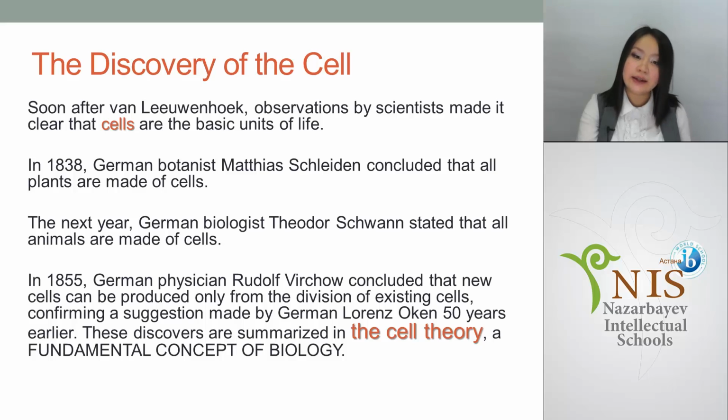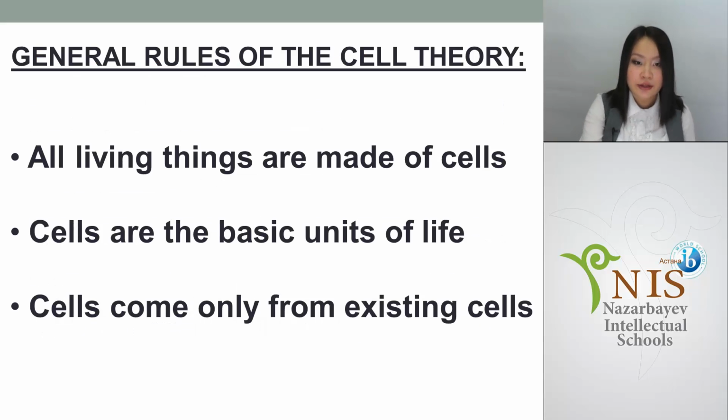You see here that in the cell's history, lots of scientists worked on it, and for now we have the cell theory. What are the general rules of the cell theory? The first one is that all living things are made of cells.